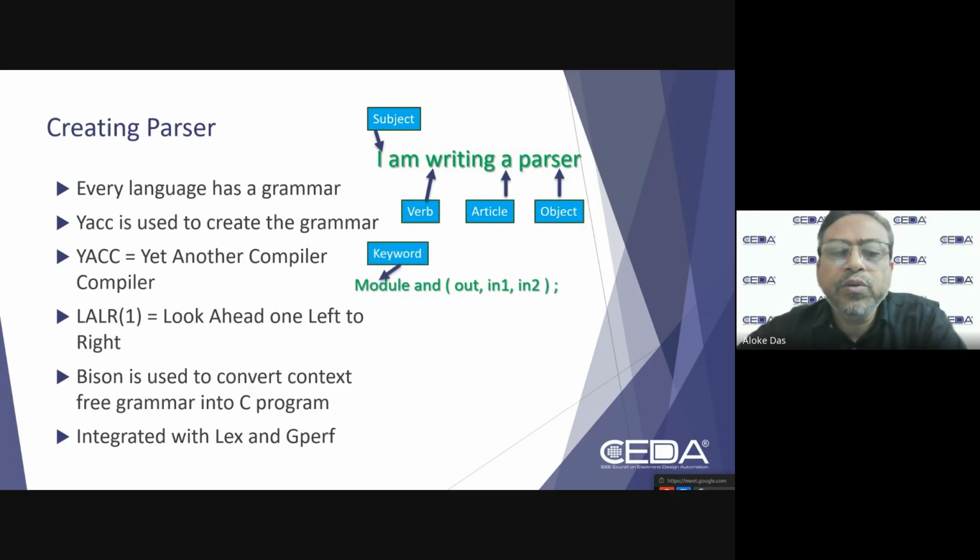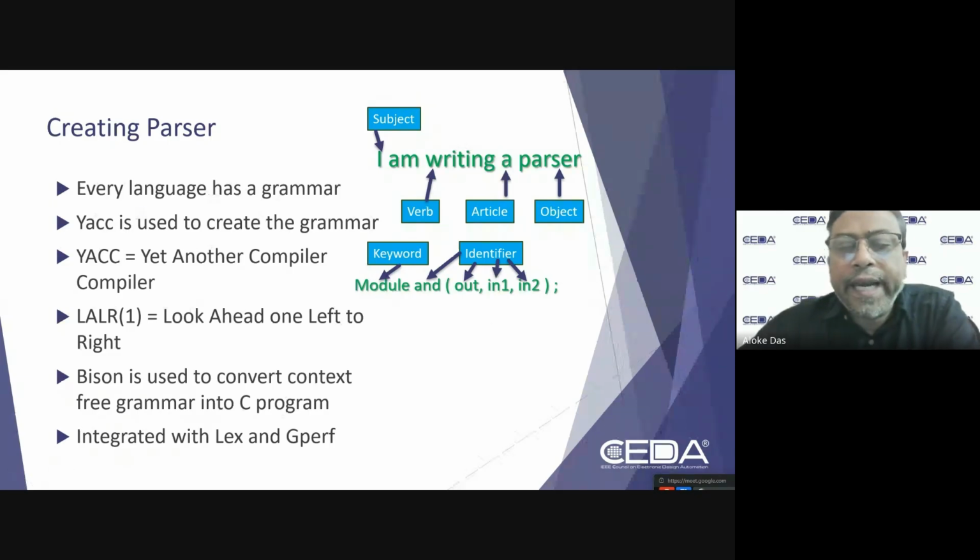So here the rule is: keyword, and these are all the identifiers. Identifier means some kind of string, like names: and, out, in one, into. Basically they are arrays of characters. In the language of computer science, they are a stream of characters, a bunch of characters.